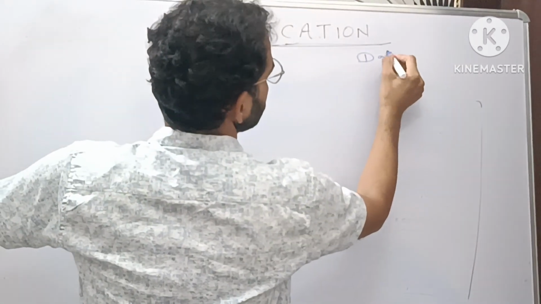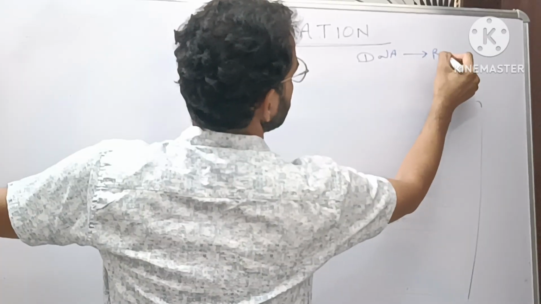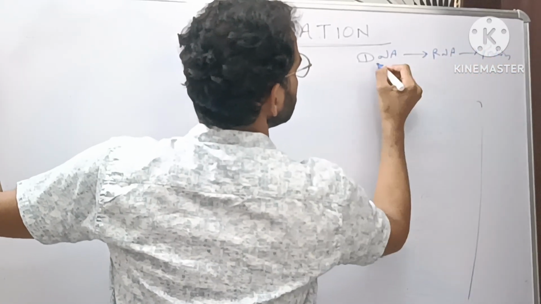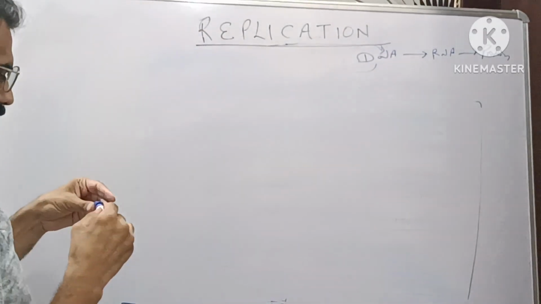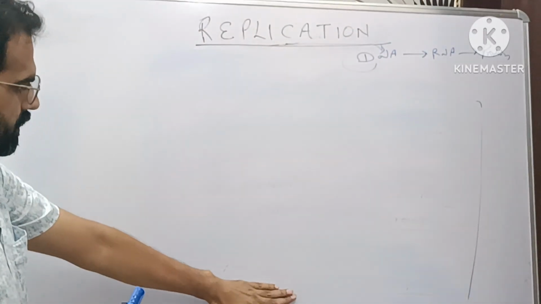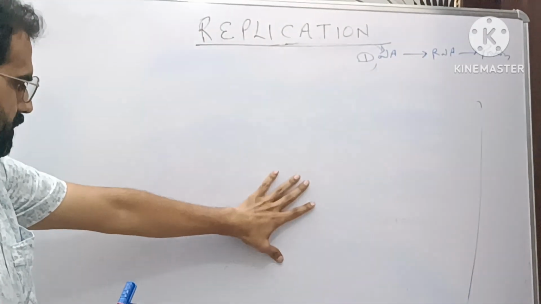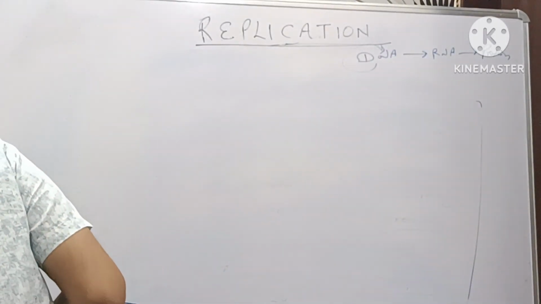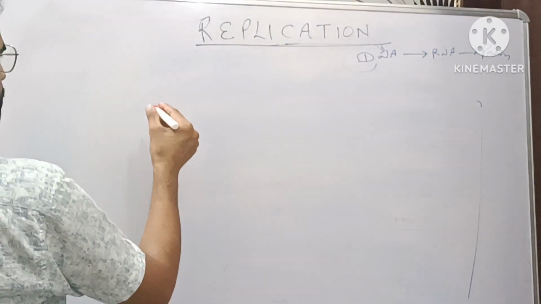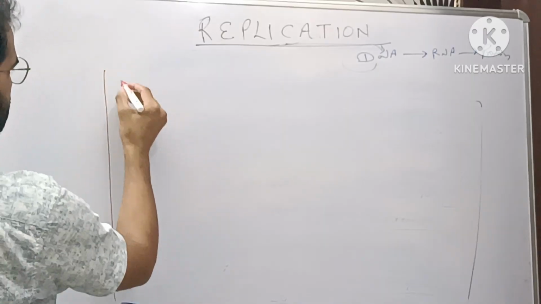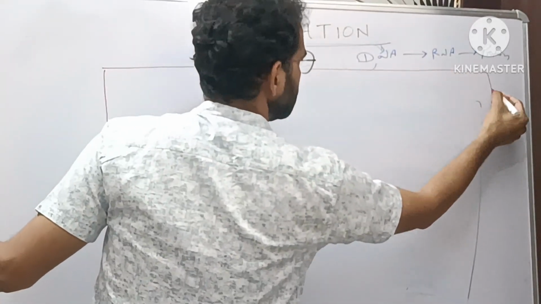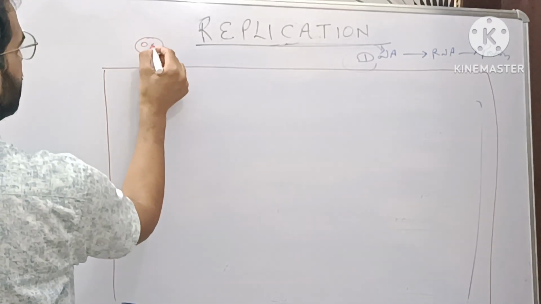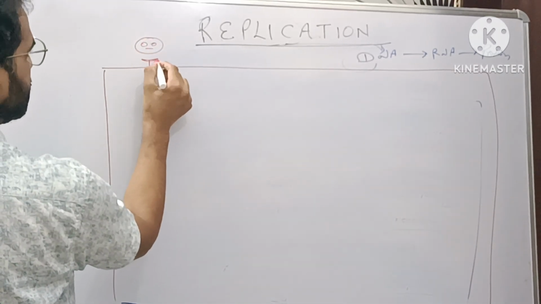So before going to the transcription or translation step, we'll discuss one virus replication full cycle. Suppose this is the virus and this is the receptor.